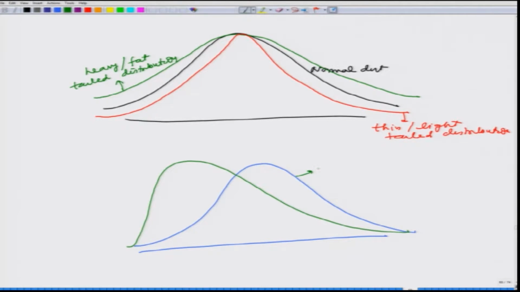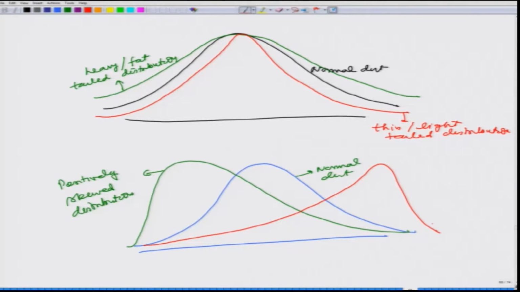This is called a positively skewed distribution. Similarly, if I have a curve which is more scattered on the right hand side, this is called a negatively skewed distribution.